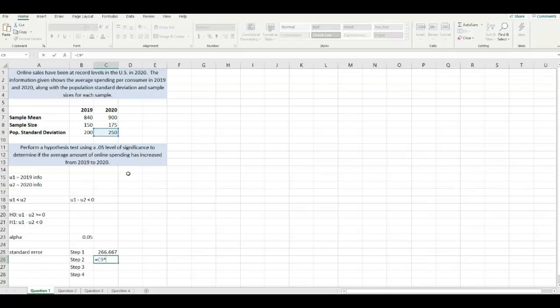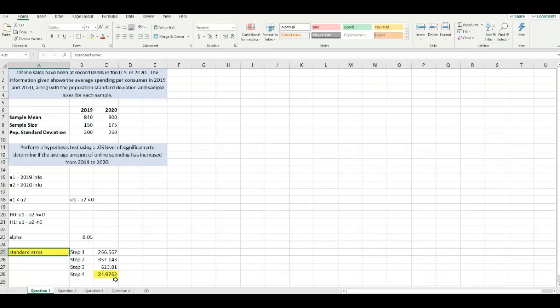So the population standard deviation from 2020 squared divided by its sample size. Step 3, we're just going to add those two together. And then step 4, we finally take the square root of that. And this 24.97, that is your standard error.